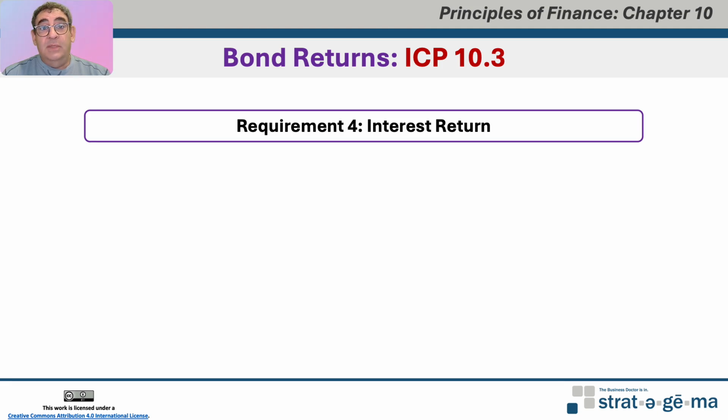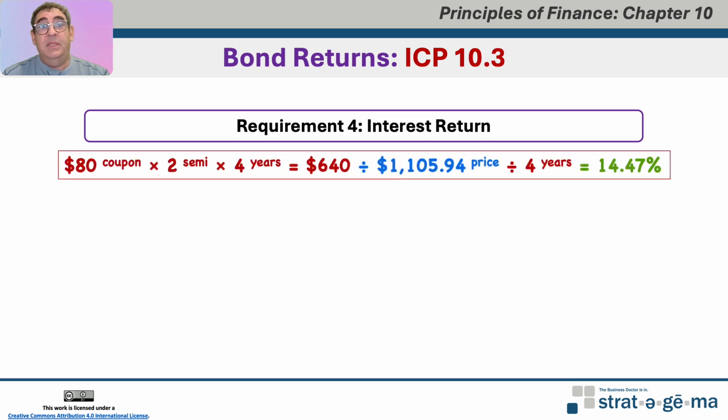For the return on investment, we take the $640 interest return plus the $61.74 capital gain return to give us a total return of $701.74. We take that $701.74 total return divided by the $1105.94 purchase price, and that gives us 15.86%.